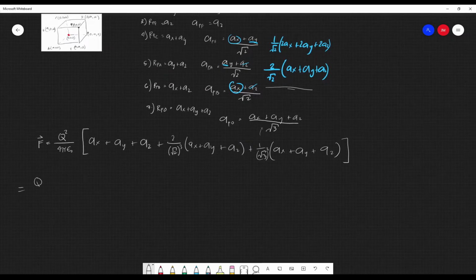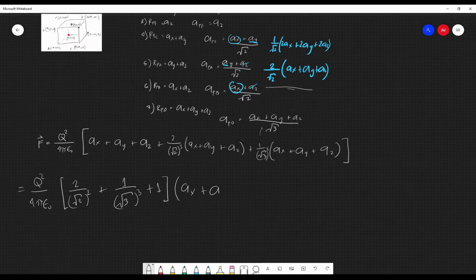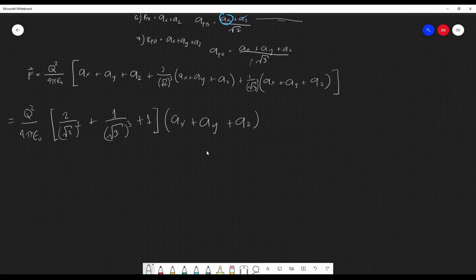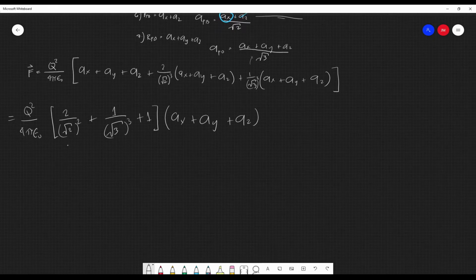So it equals Q squared over 4 pi epsilon naught. We got the 2 right here, and also we got this one. If we group them all together, their factors are 1 plus 1 multiplied by (a_x plus a_y plus a_z).